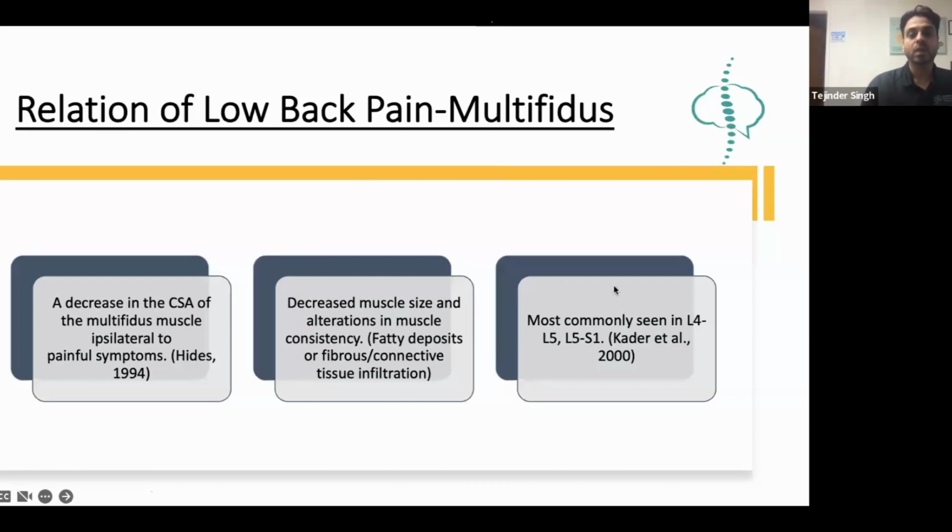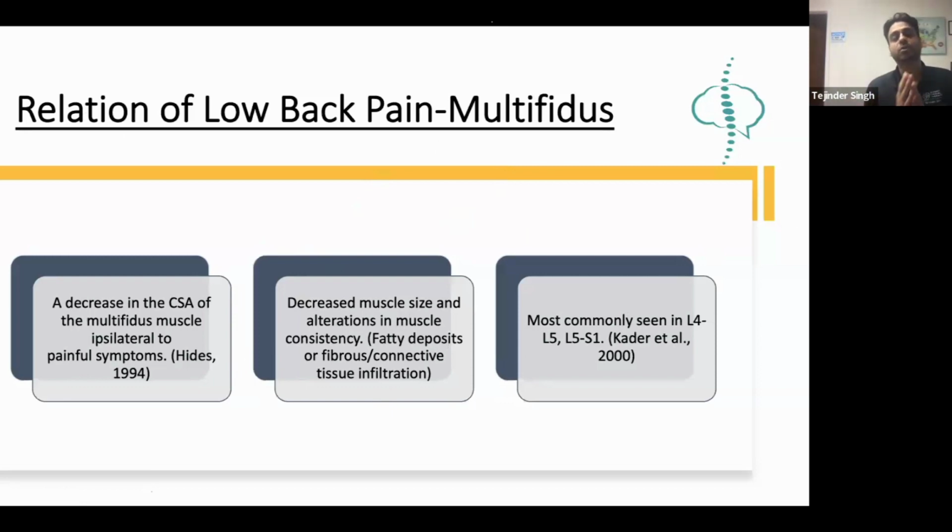Usually what happens, I think Dr. Steve was talking about it when we were teaching in India, is the muscle undergoes atrophy and you have fatty deposits or fibrous connective tissue infiltration. And we'll talk about this. Usually it has been seen that the L4, L5 segment is most commonly involved, research by Kader.